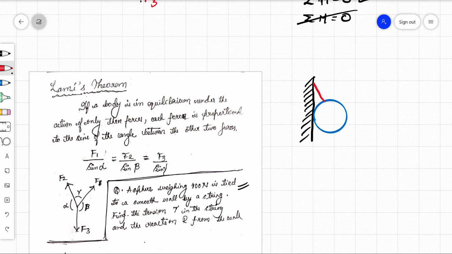A sphere is attached with the help of a string. And what is the weight of that sphere? The weight of the sphere they have given is 100 Newton. How much is 100 Newton? Nearly 10 kg.